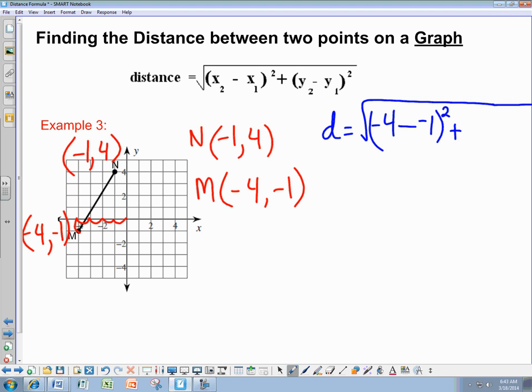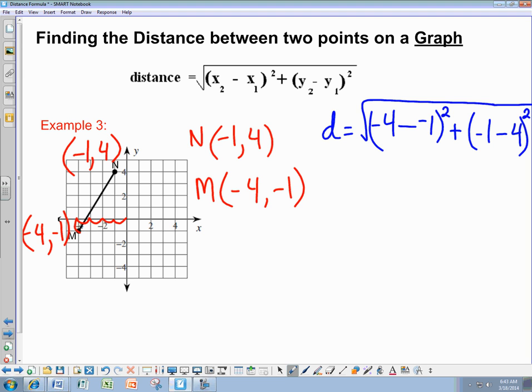And I'm going to add that to the difference between the y values. So my first y value and my second y value are going to be subtracted from each other. I'm going to do negative 1 minus positive 4. Again, that's squared.